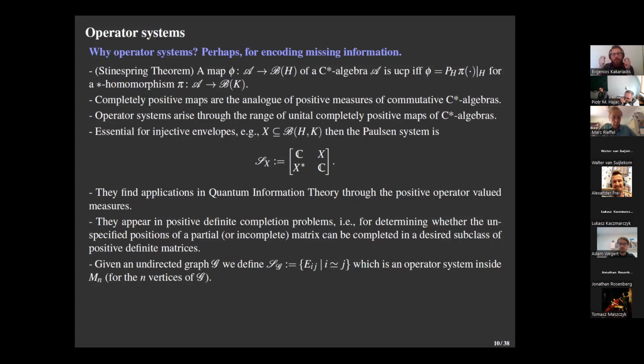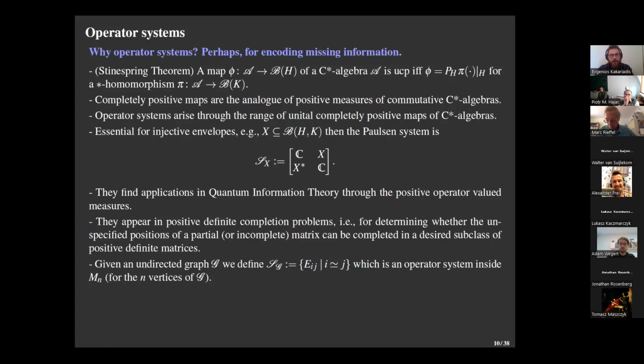Then when you multiply two elements inside the injective envelope, you multiply them in the original B of H, and you take the projection inside the injective envelope. But the main difference between the injective and the C-star envelope is that the C-star envelope is generated as a C-star algebra by X.